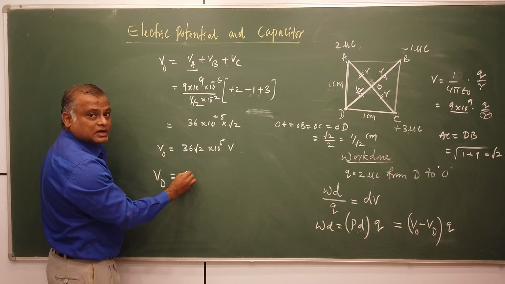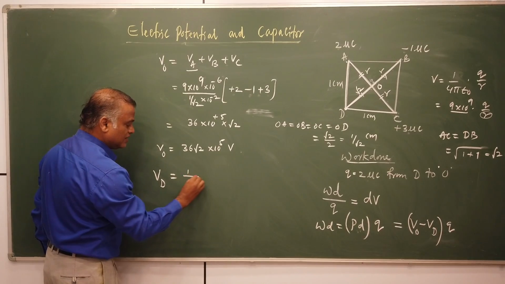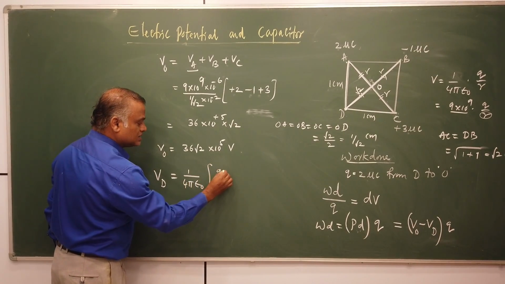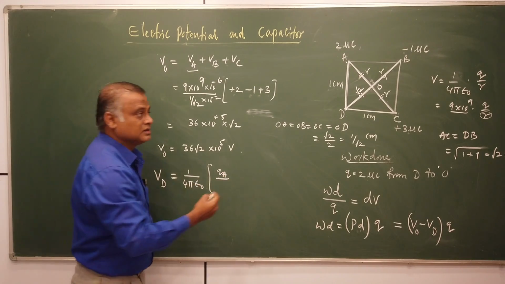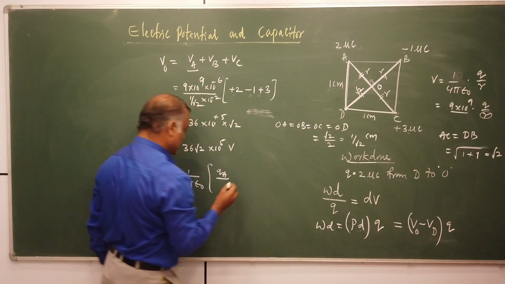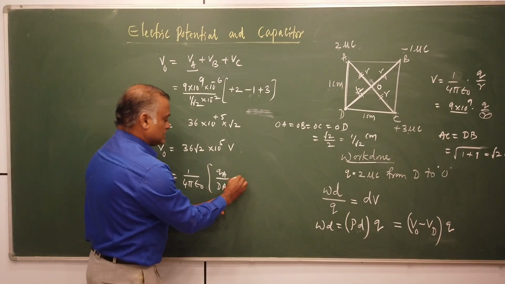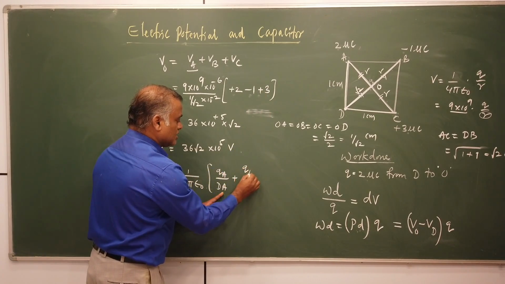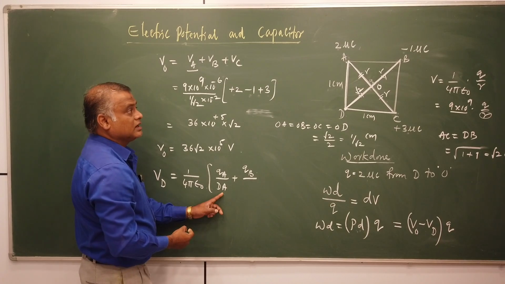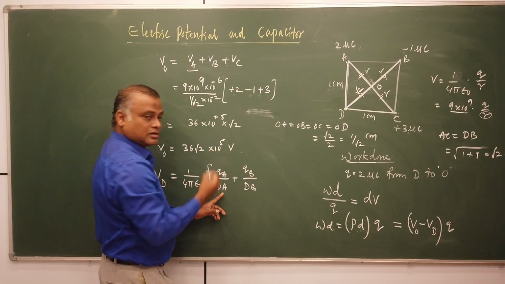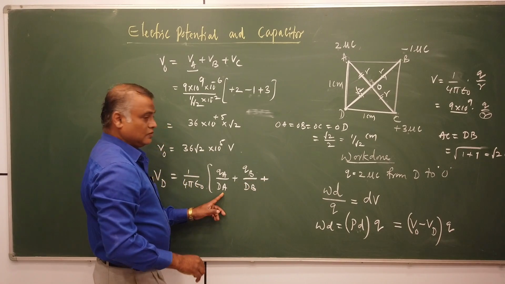Now, okay, let me write one step for you. 1 divided by 4 pi epsilon naught, charge at A divided by the distance dA, D to A, plus charge at B divided by distance dB, plus one more charge is there.